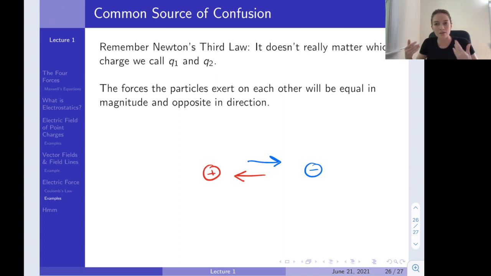Make sure you figure out conceptually which direction your force should be in. That way, at the end of your problem, you can double check and make sure that your answer makes physical sense, because negative signs are probably one of the most common sources of error in this class. So just make sure that your answer always makes physical sense, and that you understand why a force is attractive or repulsive in any particular problem.